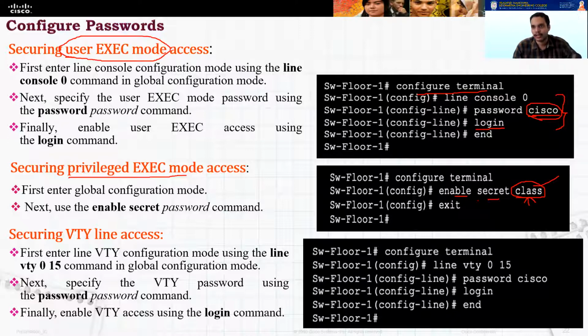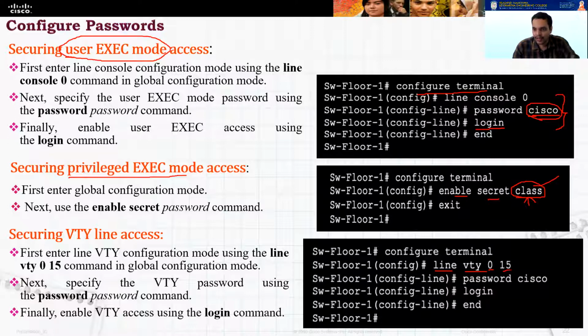What about remote access? I told you that your switch can be accessed remotely also. So when you want to do remote access, how do you do it? Usually for any switch, there are 16 virtual lines through which you can connect to the switch. That is the reason we say line vty, which stands for virtual terminal, 0 to 15.